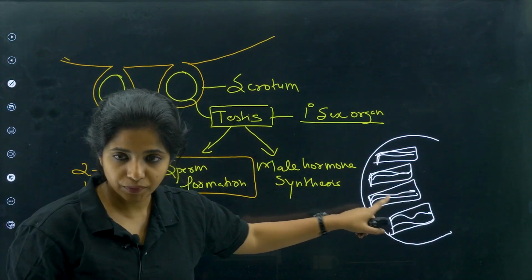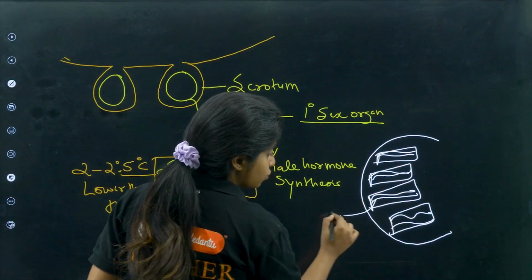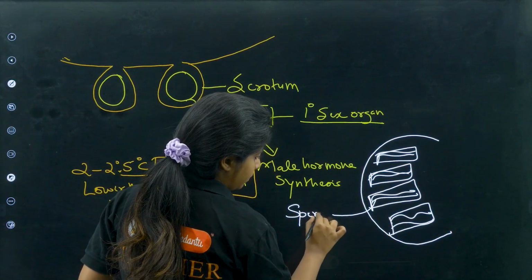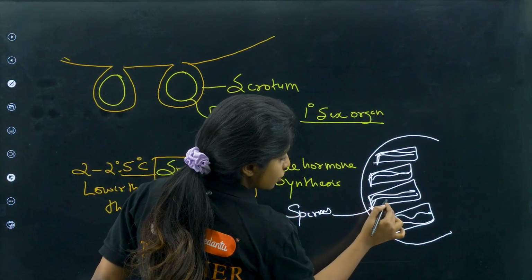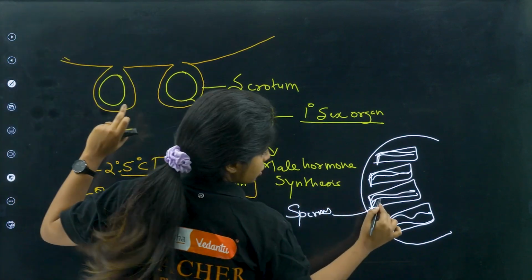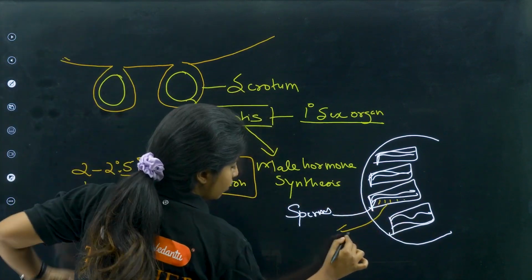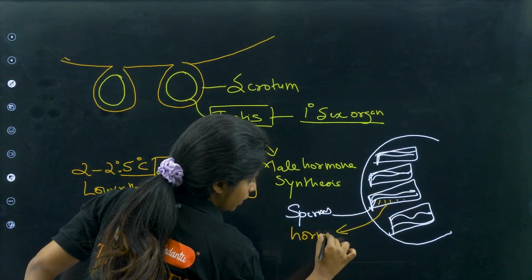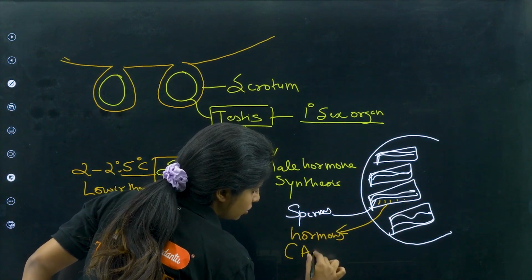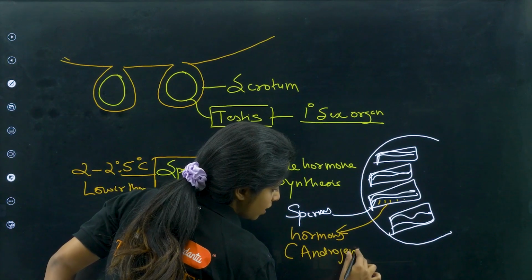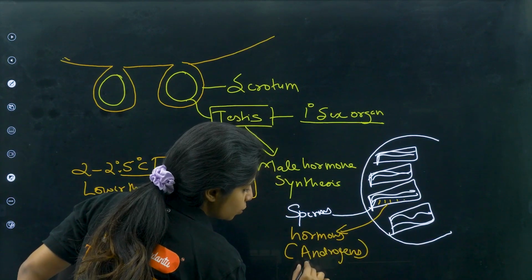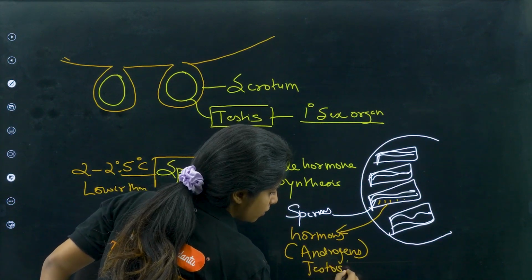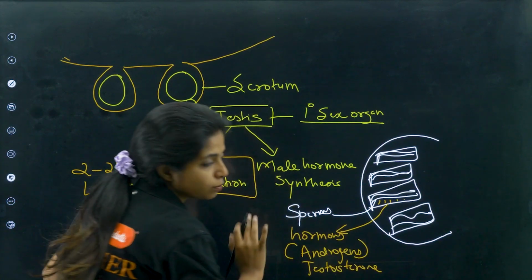Inside the seminiferous tubules the sperms are formed. Outside, in the extra space that you see over here, the hormones are produced. What do you call them? Androgens. The male hormones are known as androgens. The most famous one among them is testosterone. So here the sperms are being made.